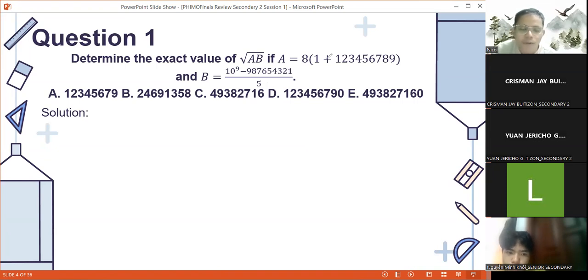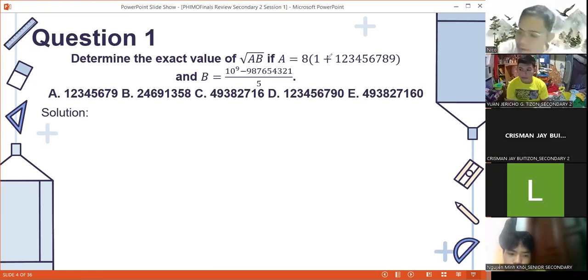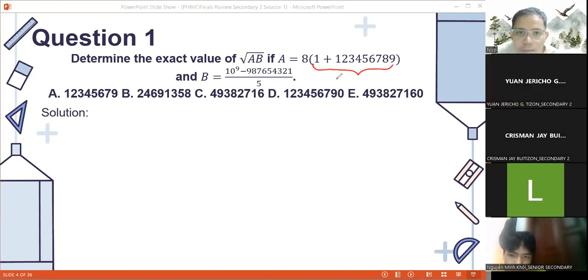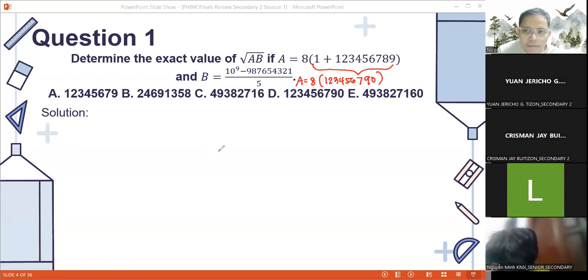First, the problem looks difficult because it is not yet simplified. To simplify, we add the numbers: A becomes 8 times 1,234,567,890.